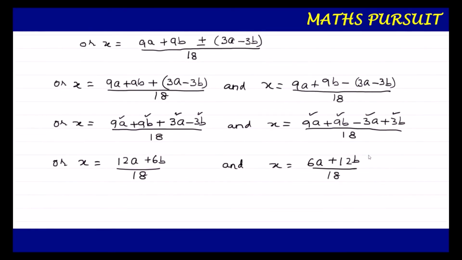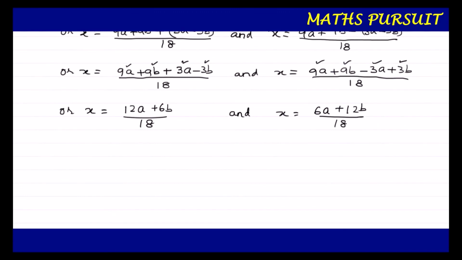Now let us further solve it. Or x is equal to, taking 6 as common here, I can write x is equal to 6 into a plus b upon 18. And here also I can take 6 as common and I can write 6 into, sorry, here it will be 2a plus b, because here it is 12a.